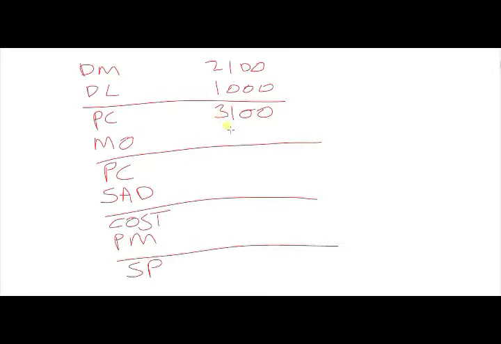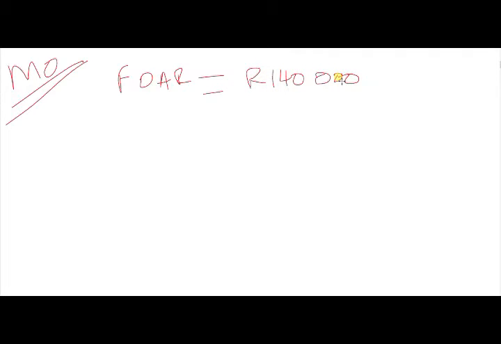Okay, the next thing we need to calculate is the manufacturing overhead. Same thing with the manufacturing overheads. We need to first calculate the fixed overhead absorption rate. To do that, we take the total fixed production overheads from the budgeted income statement, which is 140,000, and divide it by the total direct labor hours.